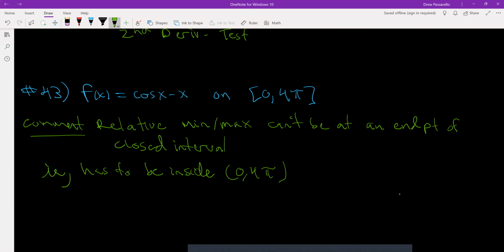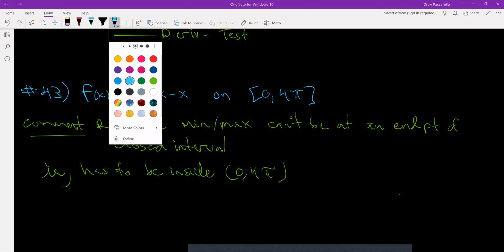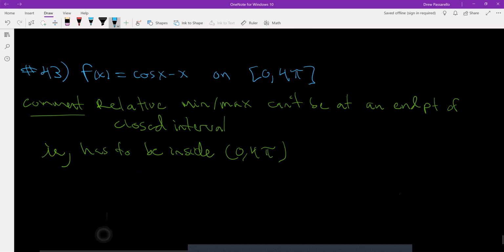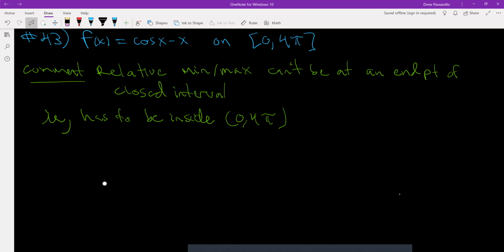So that's an important distinction: you can have an absolute min or absolute max be an endpoint, but a relative min or relative max, you cannot have that be at the endpoints. So I figured I would say that, and now go ahead and work the problem out.